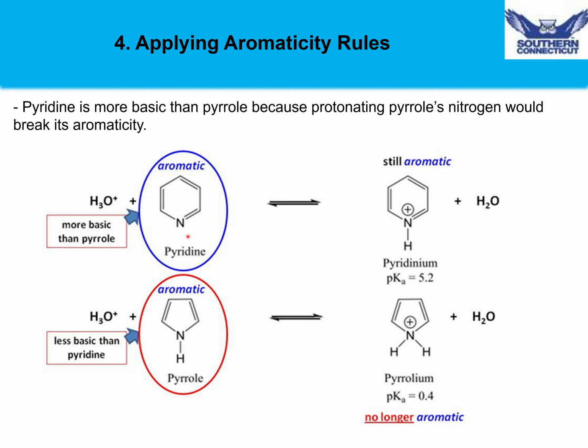Pyridine, since the lone pair is not required for aromaticity, tends to be a more basic nitrogen than the one on pyrrole. So when the nitrogen on pyridine reacts with acid, it forms a pyridinium ion, which has a pKa of about 5.2.